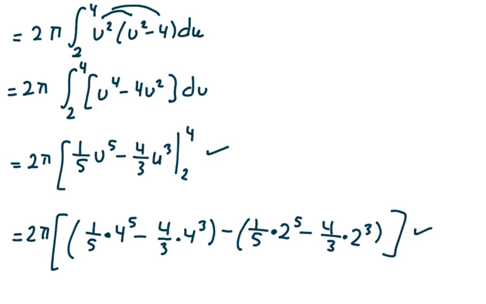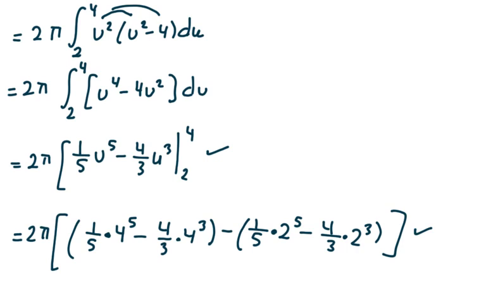So applying the fundamental theorem, I get 2 pi times the quantity 1/5 times 4 to the 5th minus 4/3 times 4 to the 3rd, minus the quantity 1/5 times 2 to the 5th minus 4/3 times 2 to the 3rd.